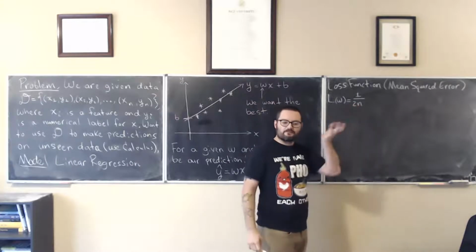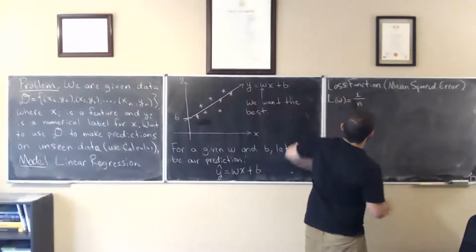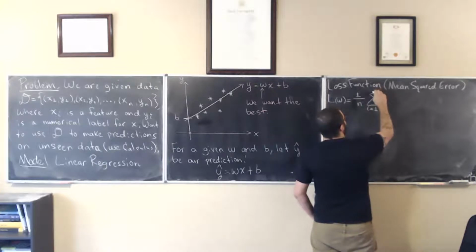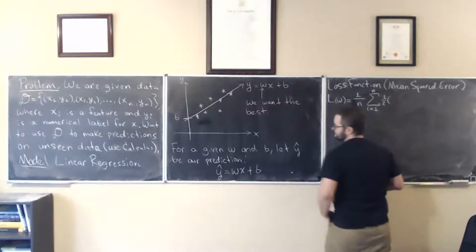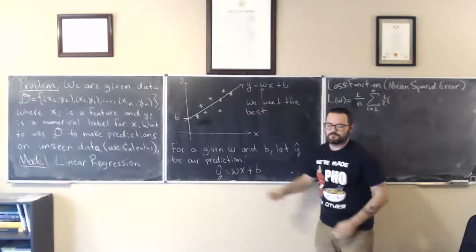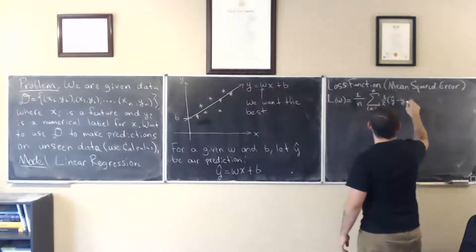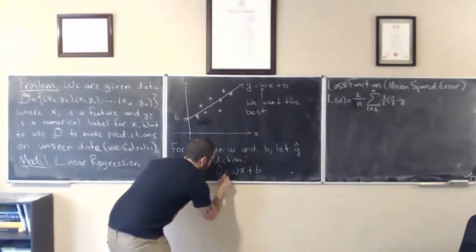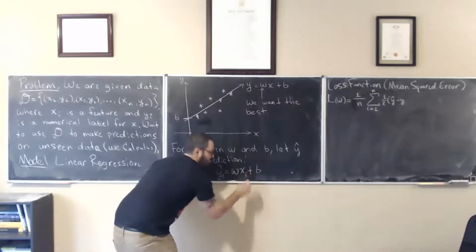The n, remember, is like averaging it out. Or actually, I'll put the 2 inside the sum. 1/2 of the sum from your first data point to your last data point of 1/2 times your predicted y minus the actual y. So I can introduce this subscript here. That's your ith prediction for your ith data point.